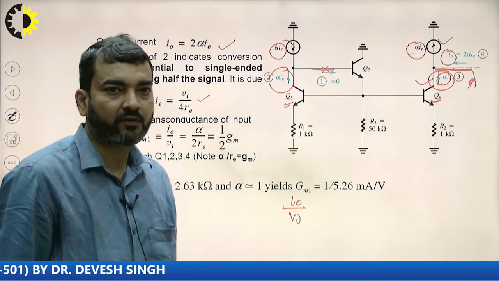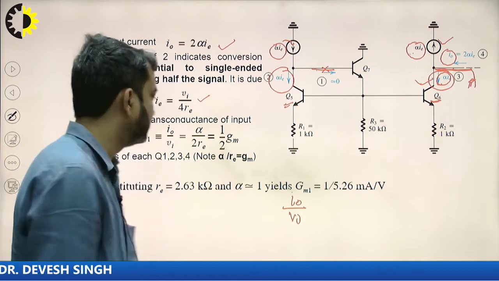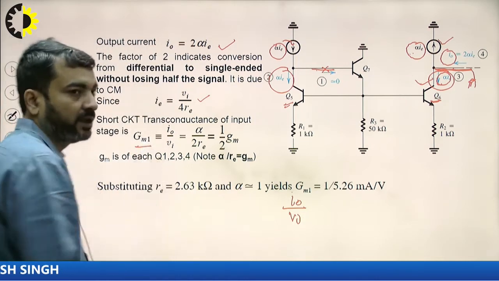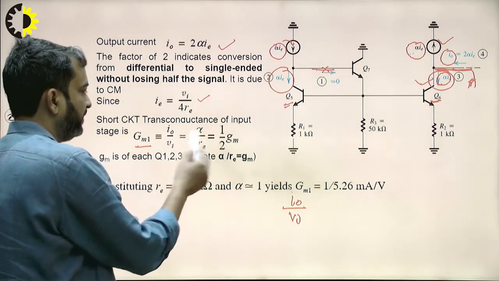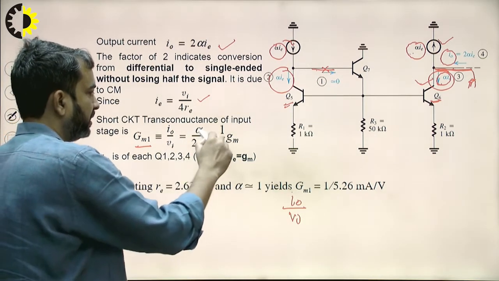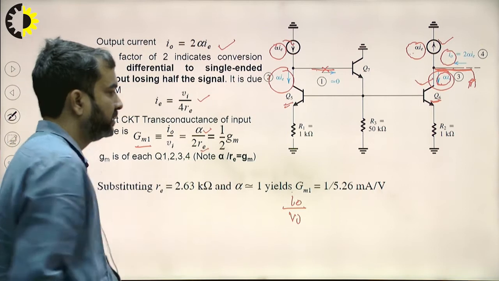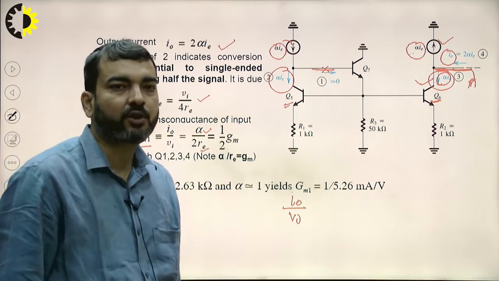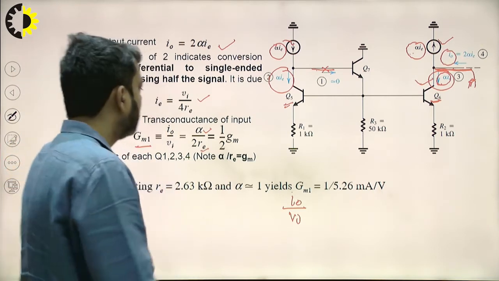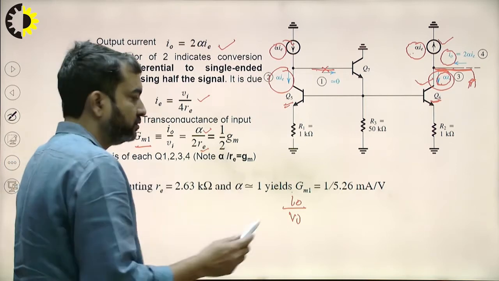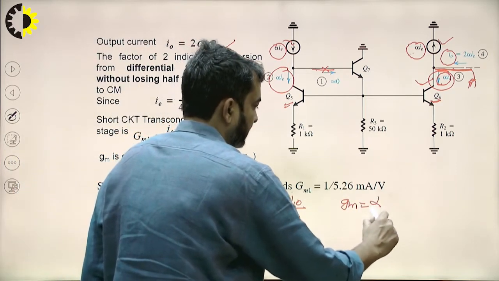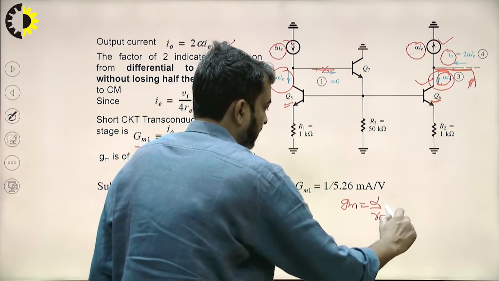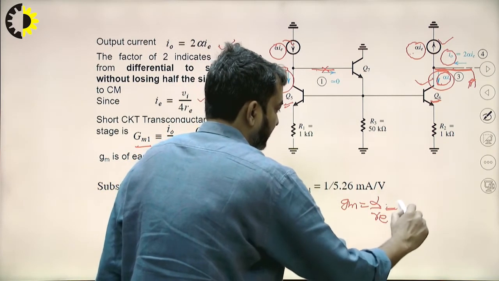So we can calculate the short circuit transconductance, that is GM1 of the complete input stage, as I naught by VI, that is replaced by alpha by 2 Re, assuming alpha is approximately equal to 1. 1 by Re is equal to GM, GM is equal to alpha by Re.